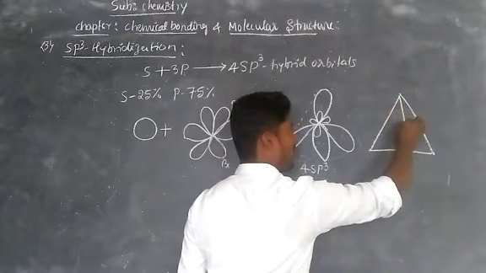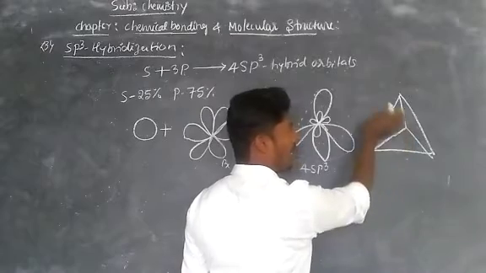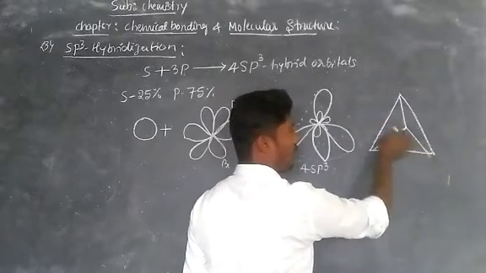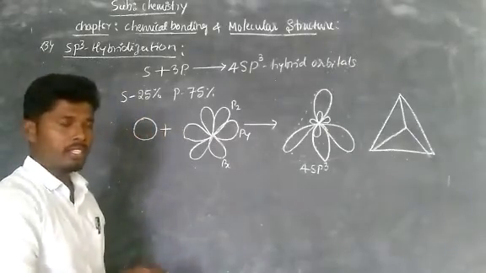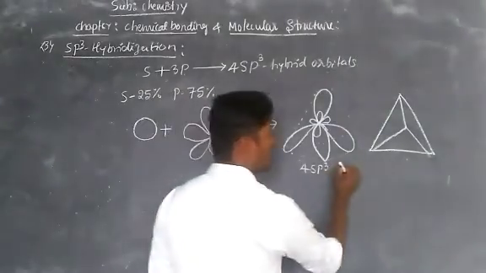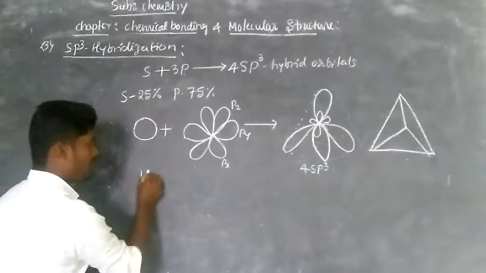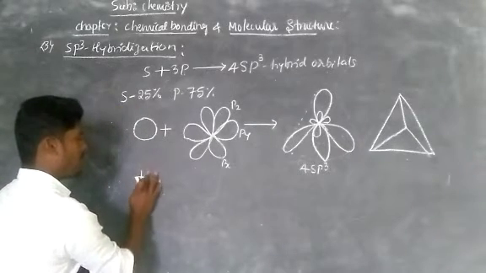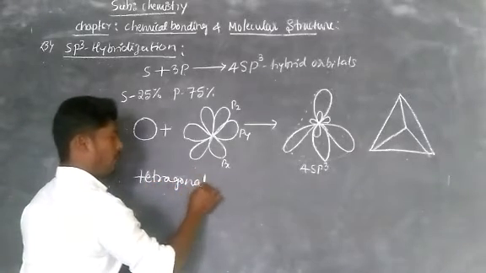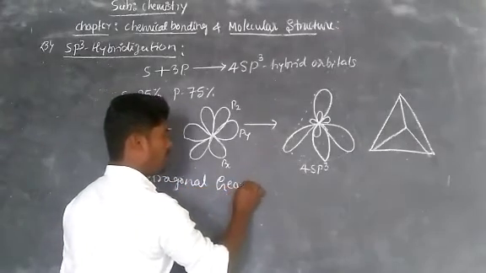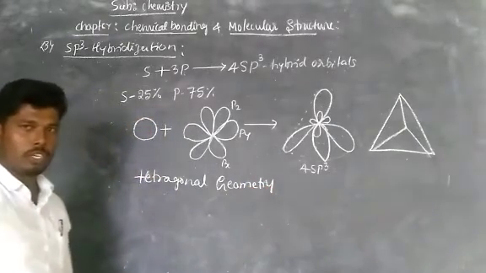So here one line like that, tetrahedral. So 1, 2, 3, and again there is one plane opposite to these. So that is called 4 planes. We call it tetrahedral geometry. So the geometry of sp3 orbitals is tetrahedral geometry, and we also call it tetrahedral hybridization.